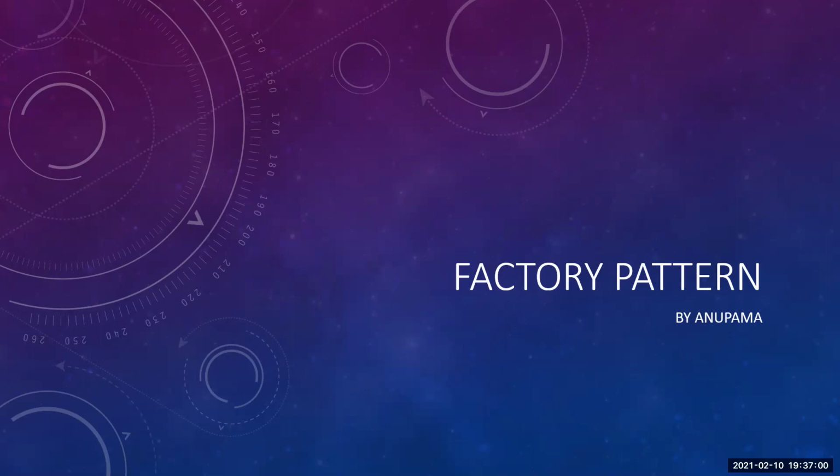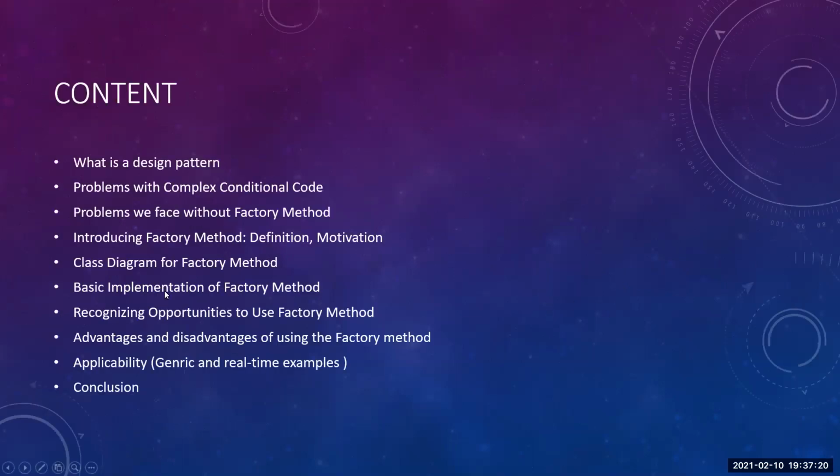Okay, so let's go ahead and let's get started with the presentation. Okay, so this is a factory pattern, and then we're going to do a small coding session at the end. Well, I'll be showing how we can implement this with a small example and everything. Okay, so let's see. Today we are going to look at the following things. What exactly is a design pattern?